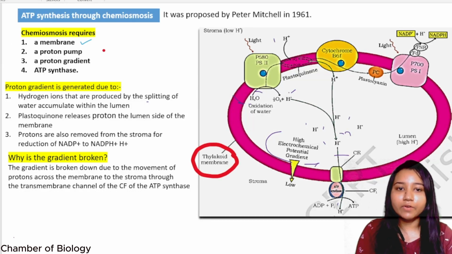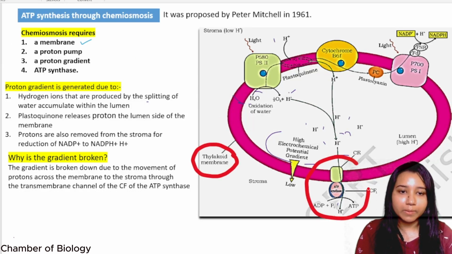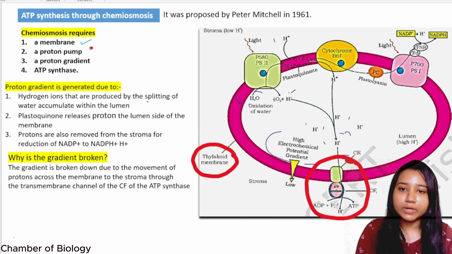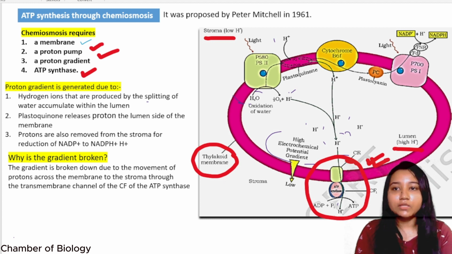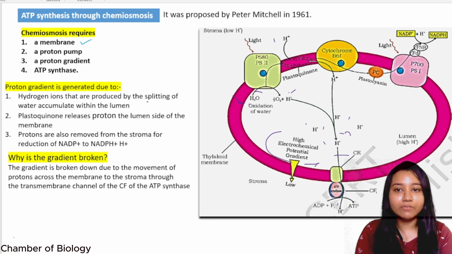Then we have our proton pump: proton pumping is happening. And the proton gradient: the stroma has low H plus content and the lumen region has high H plus content, right? And ATP synthase is also there. I hope it is now clear that all these four things are present in our ATP synthesis mechanism.